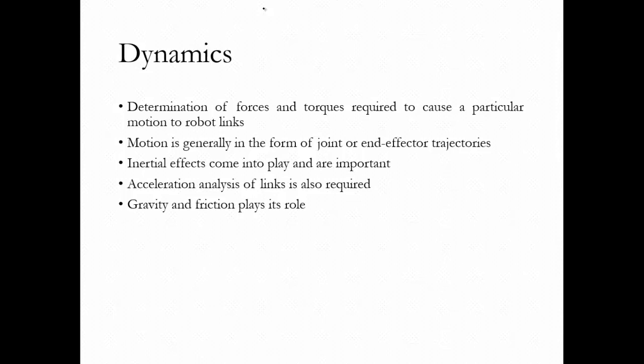And gravity also plays a very important role. There could be planar cases where gravity doesn't really affect, but in the most general case gravity has to be taken into the analysis. We left out gravity in the static case, but now it can be included. Friction at the joints is also very important.